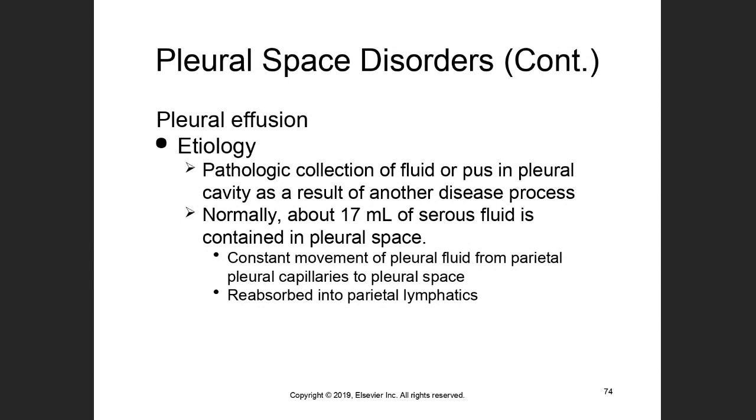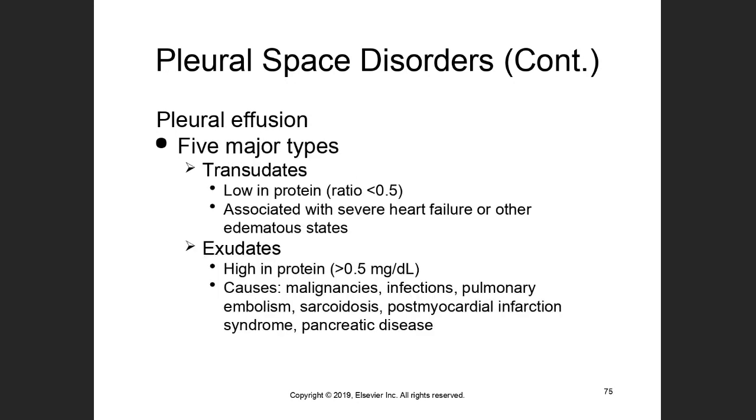Pathology: collection of fluid or pus, pus is a type of fluid. It could be triglyceride, like lipids, could be blood, any fluid that is accumulating in the lung. Okay. Five major types.